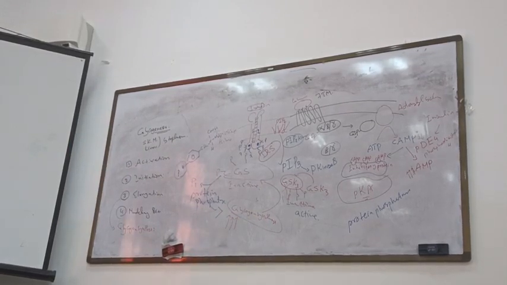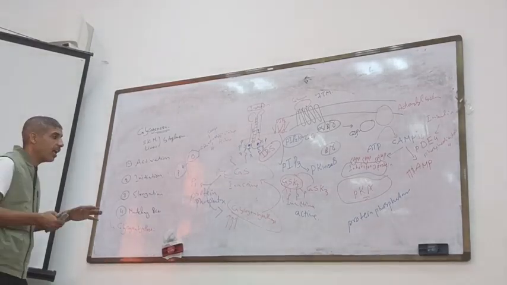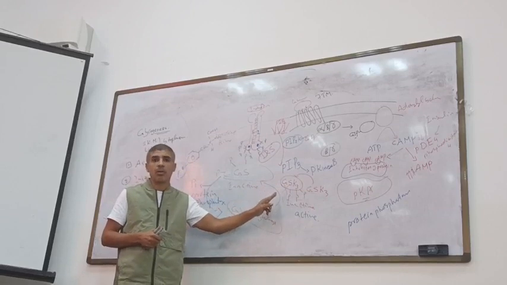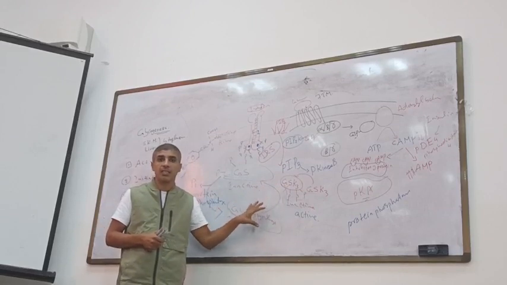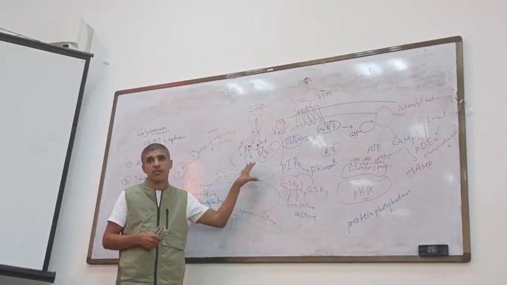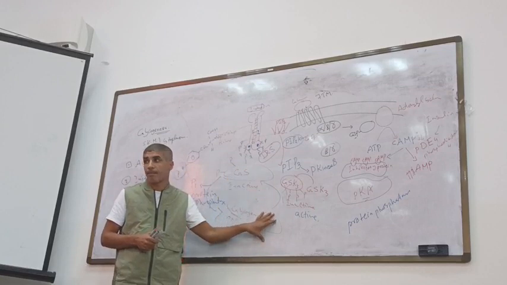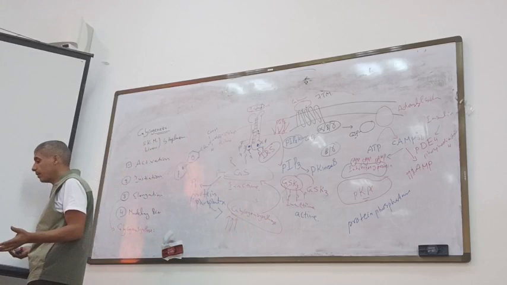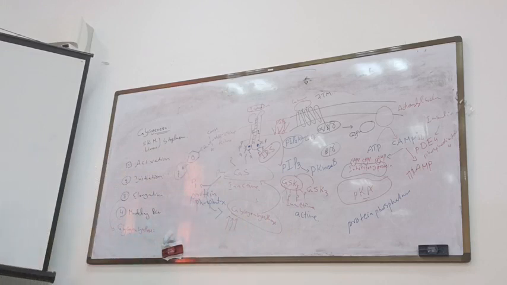When glycogen synthase kinase 3 is inactive, it is unable to phosphorylate glycogen synthase to the phosphorylated form. So glycogen synthase becomes active.